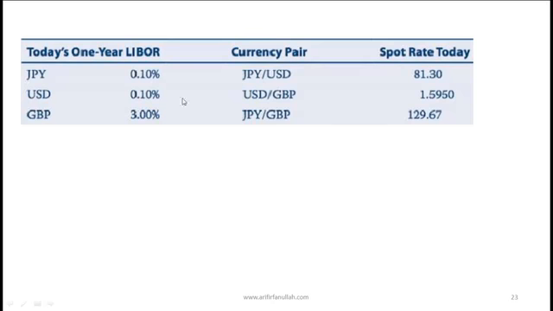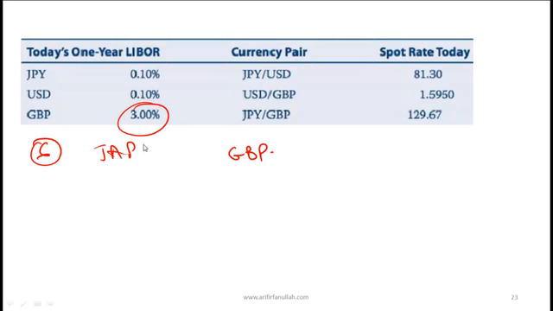For questions 6 through 8, we need this data. So question 6 says, if covered interest rate parity holds, the all-in 1 year investment return to a Japanese investor whose currency exposure to pounds is fully hedged is closest to what? So again, now imagine you are a Japanese investor and you have invested in England. So your return in terms of pounds is going to be 3%.